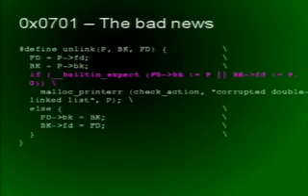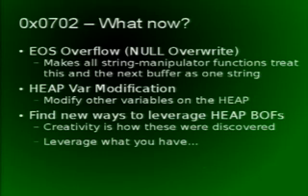Here's the bad news. I talked about it already. Somebody very intelligent said, hey, these guys aren't pointing at me. Bomb. Corrupted double-linked list. So what do we have left? Well, we've already talked about them a bit. Variable modification, end of string termination overwrite, or be creative.